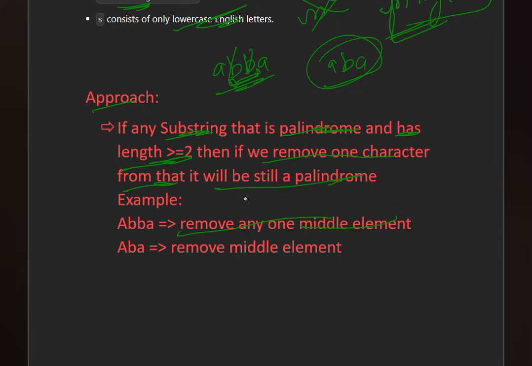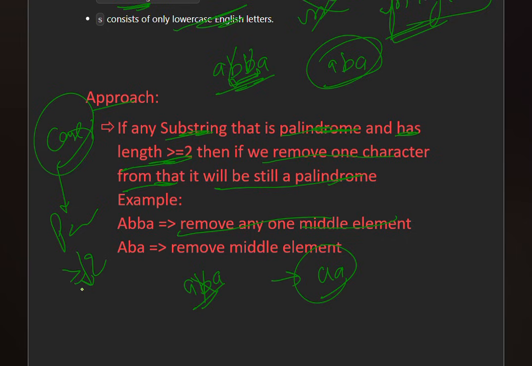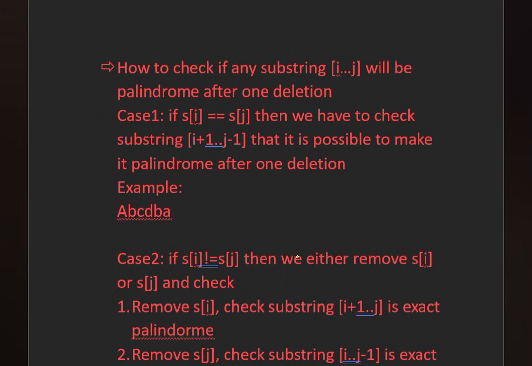Or suppose we take an odd length. If we remove the middle element, then the string will still be a palindrome. So case one is that a substring is a palindrome with length greater than or equal to 2, and if you remove one character from it, it will still be a palindrome. So this is case 1. Let's see case 2.